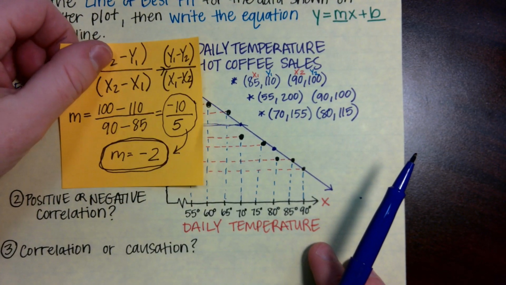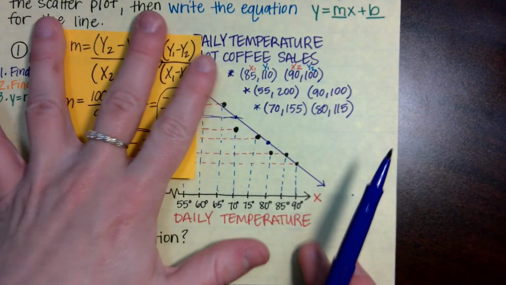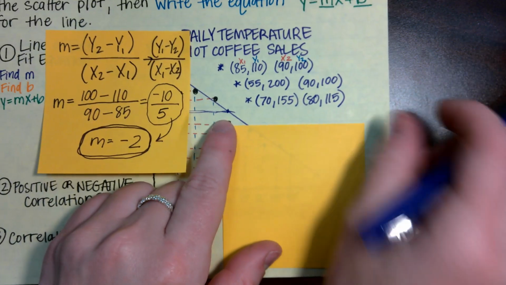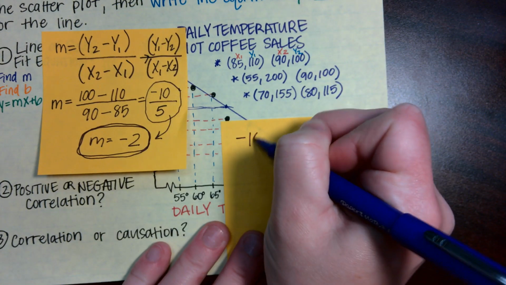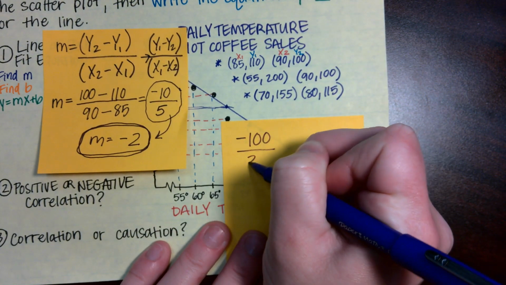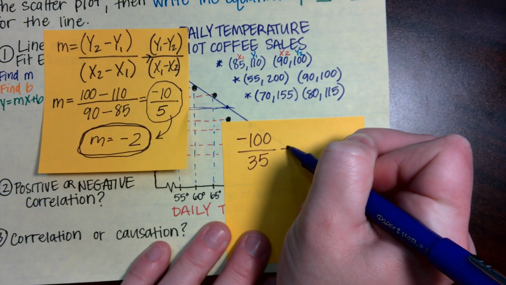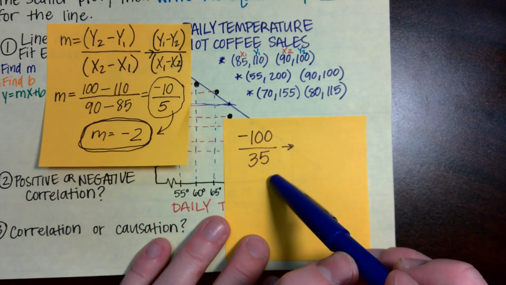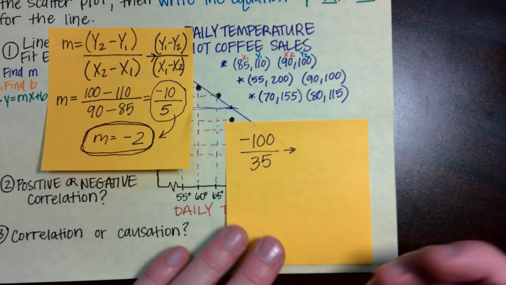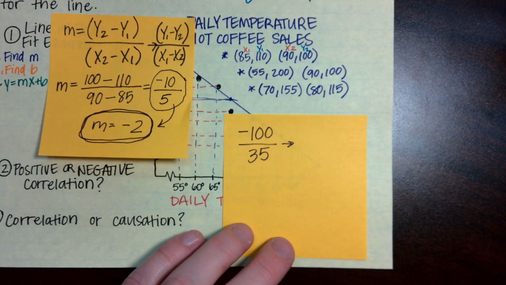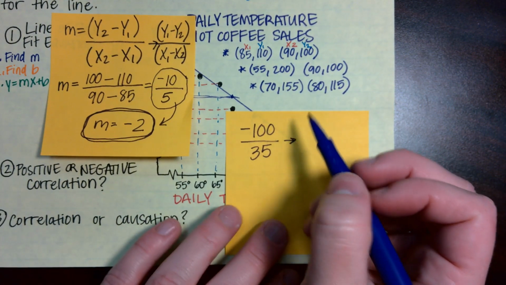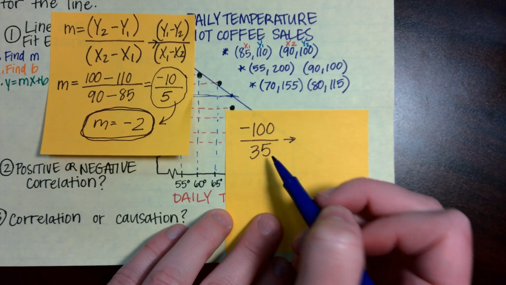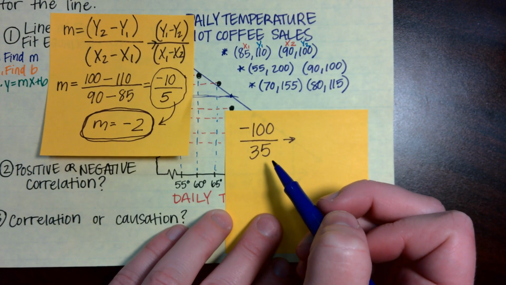I got negative 100 over 35. Negative 100 over 35. Yeah. So let's write that out. Can we simplify? Yeah, I mean, I could divide 100 by 20. Well, can you divide 35 by 20 also? That's what I was trying to find, one way to divide both. Well, here's a trick that I always like to remember. Any number that ends in a 0 or a 5, we can divide by 5.